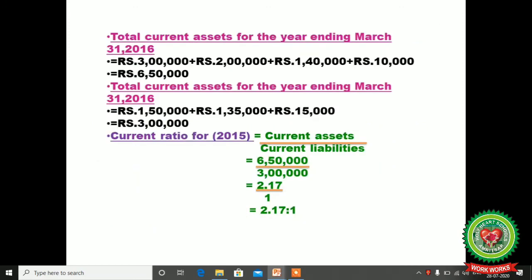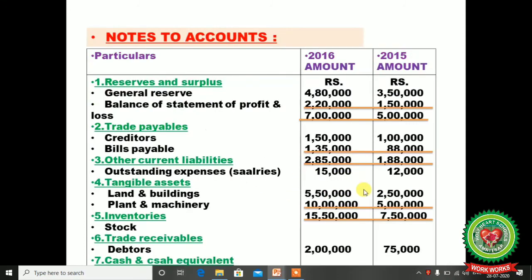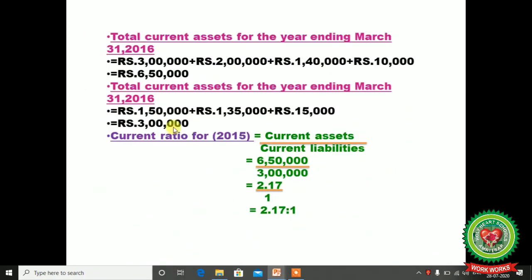Now the next year, just like 2015, check out 2016. Firstly, current assets. See, inventories 3 lakh, trade receivable 2 lakh, cash and cash equivalent 1,40,000, and other current assets 10,000. See, everything recorded here: 3 lakh, 2 lakh, 1,40,000, and 10,000. So total current assets 6,50,000.